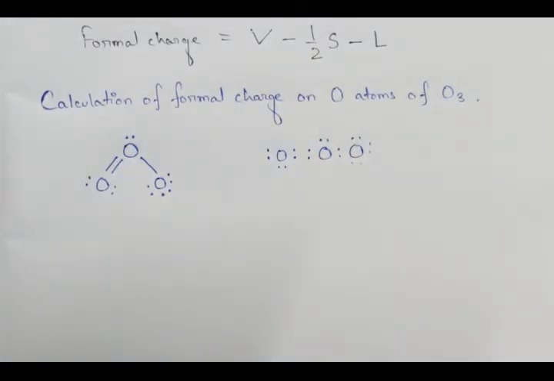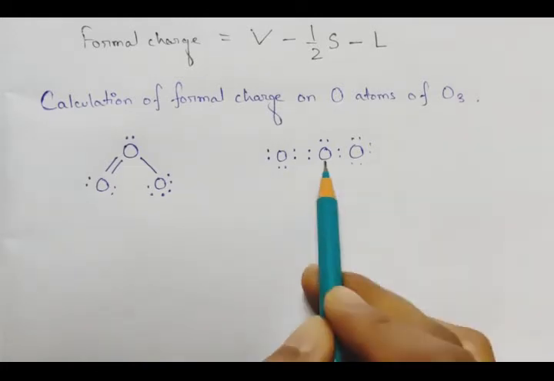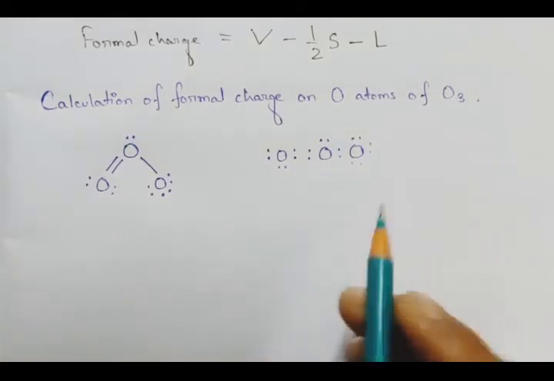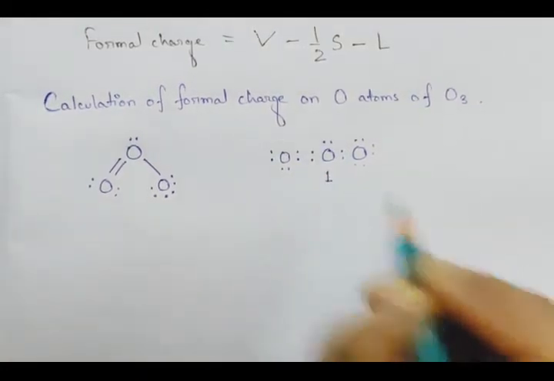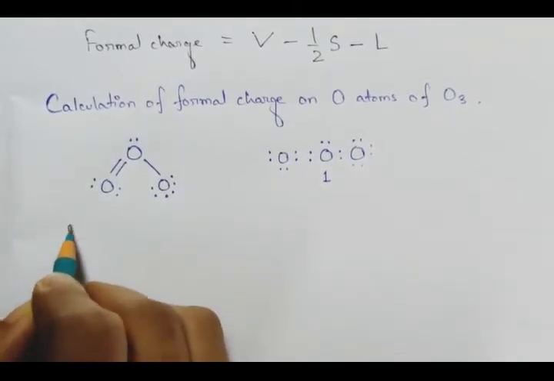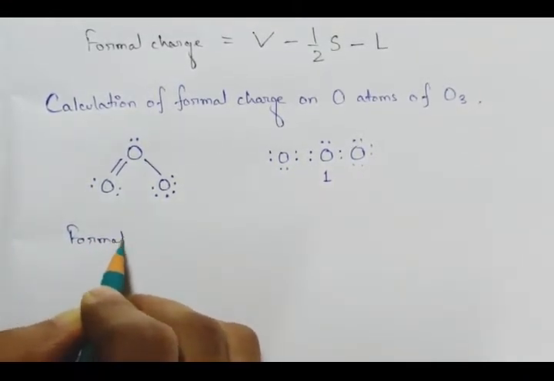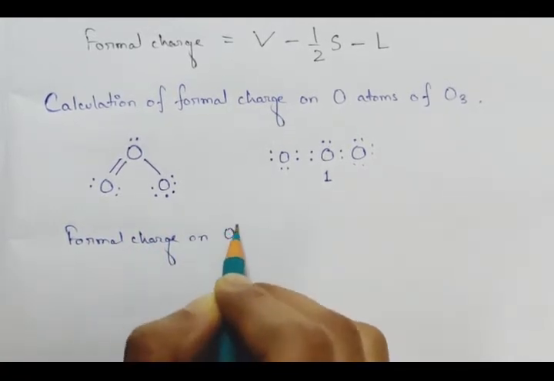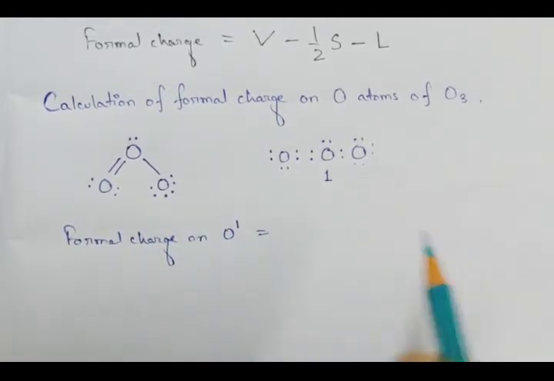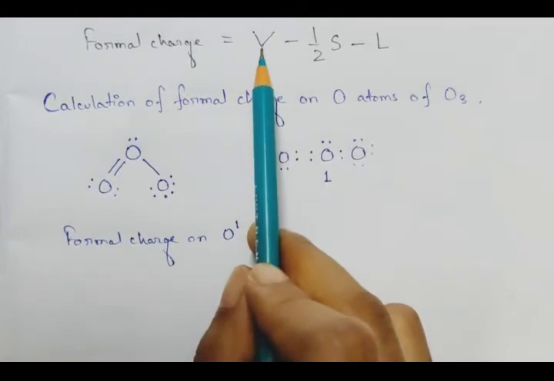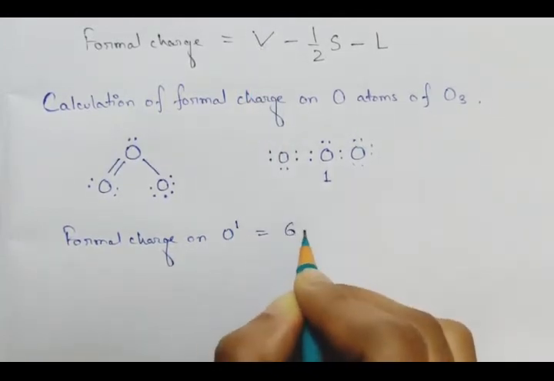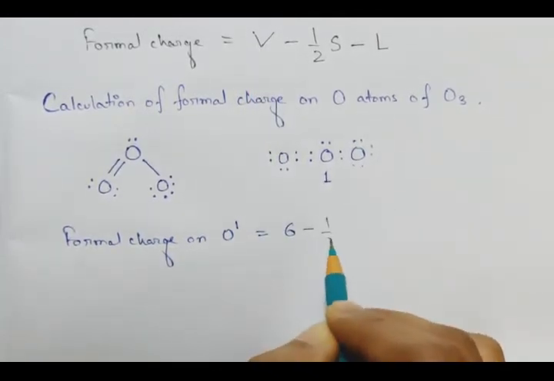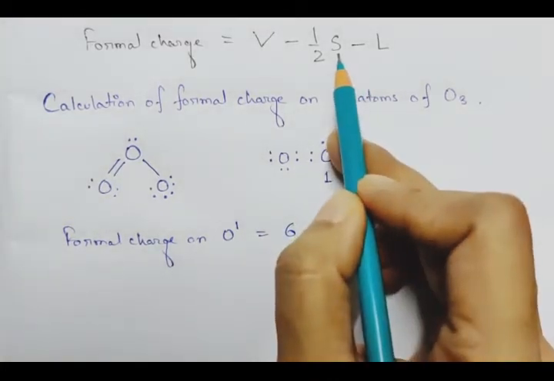Now if we want to calculate the formal charge on this central oxygen atom, let's number it as 1. Formal charge on oxygen 1 will be equal to the number of valence electrons on oxygen, 6, minus half of the number of shared electrons.